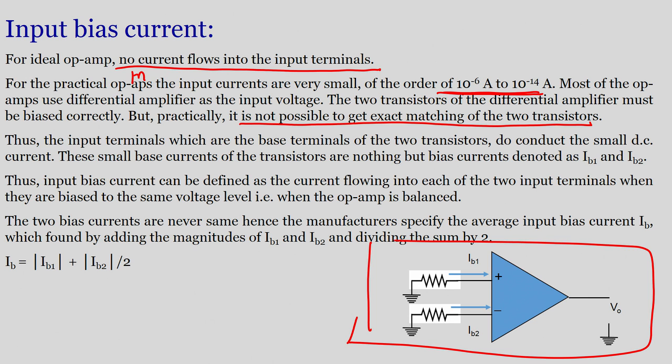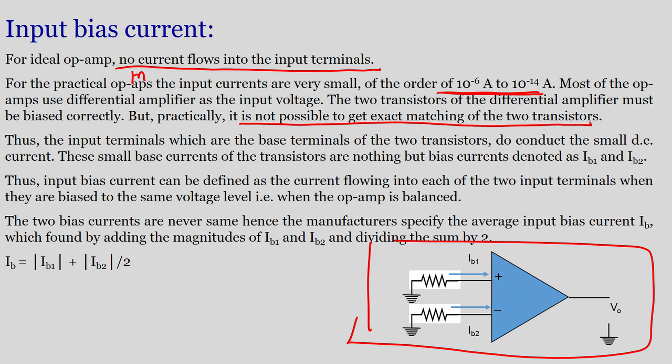If you are using a differential amplifier, the two transistors in the differential amplifier should match. If they do not match, then there will be some change in the output, right. If the transistors do not match, then we cannot bias the transistors of the differential amplifier correctly. So, what to do about that?